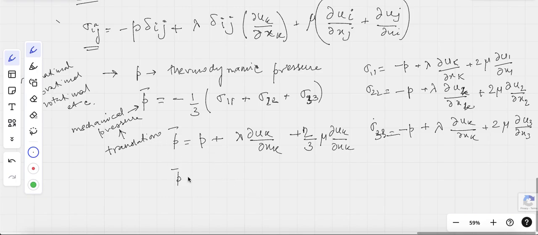We will consider the difference between thermodynamic and mechanical pressures. Right, this is known as the second coefficient of viscosity.